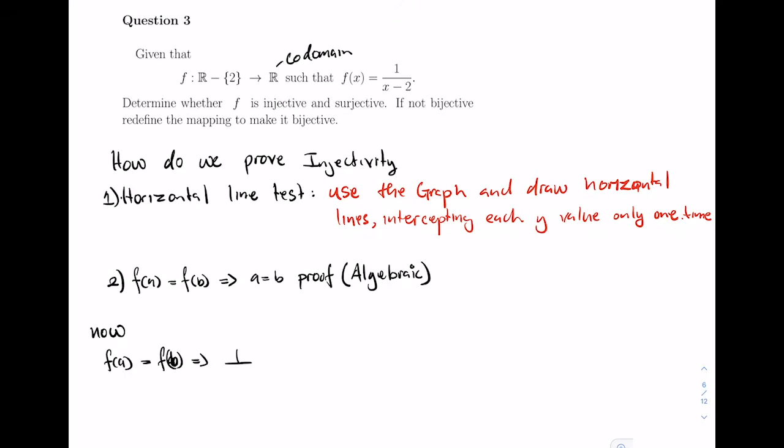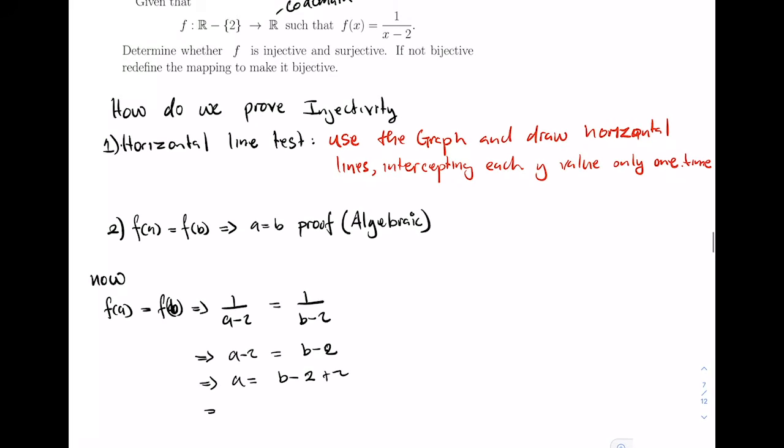Okay, so now f of a equals f of b implies that 1 over a minus 2 is equal to 1 over b minus 2, which then implies that a minus 2 is equal to b minus 2, which then implies that a is equal to b minus 2 plus 2, which implies that a is equal to b.